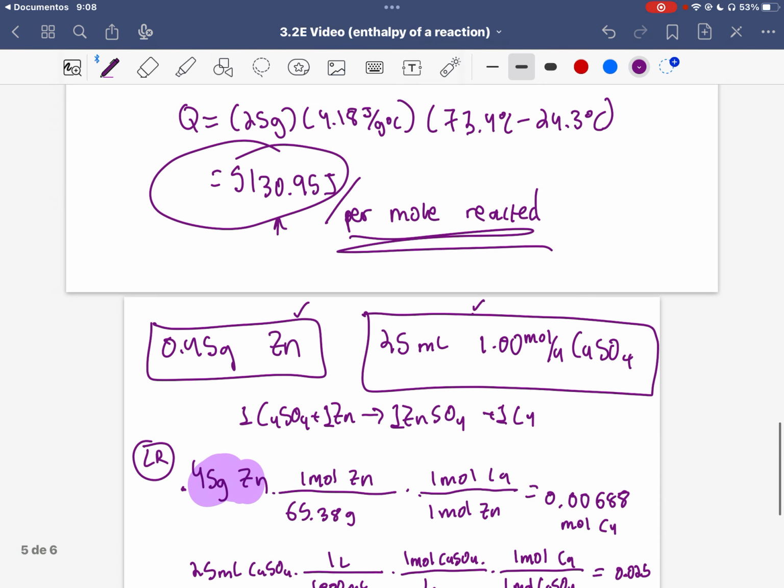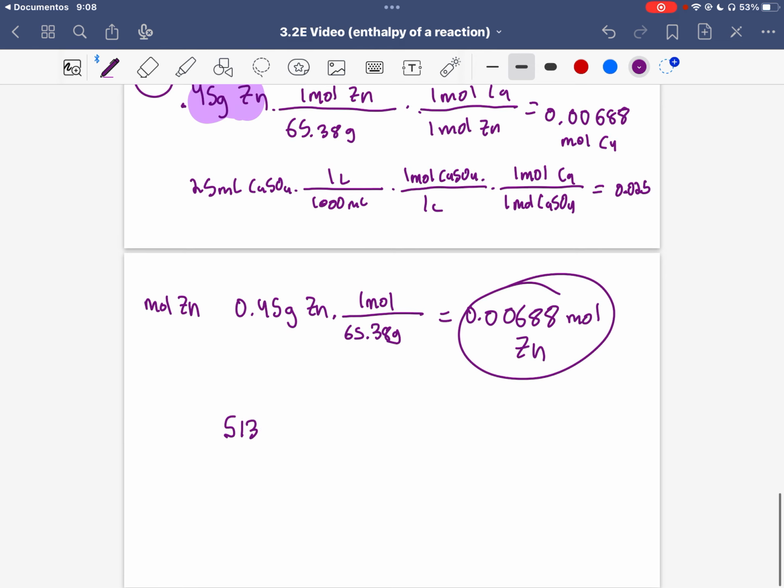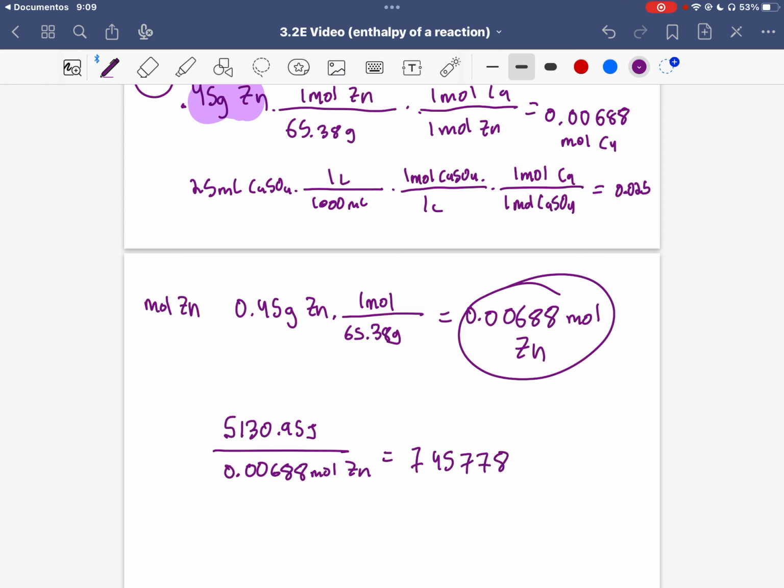So I have 5130.95 joules of energy when 0.00688 moles of zinc reacted. 5130.95 divided by 0.00688, I get 745,778 joules, or to put it in kilojoules, 746 really, kilojoules per every mole of zinc reacted.